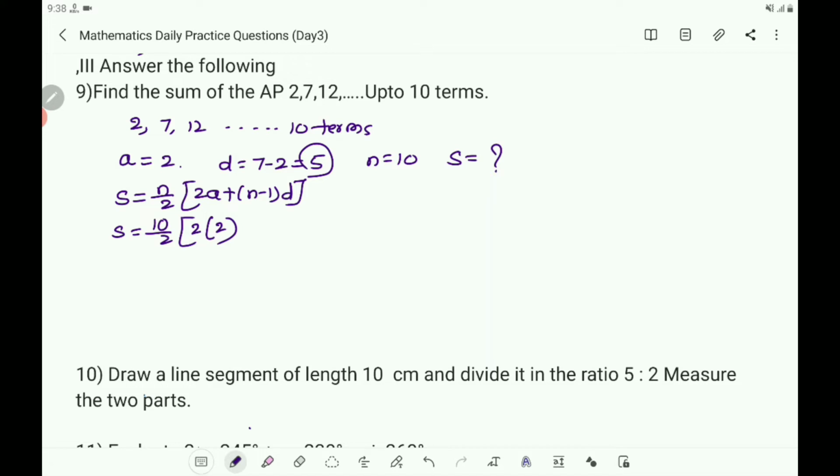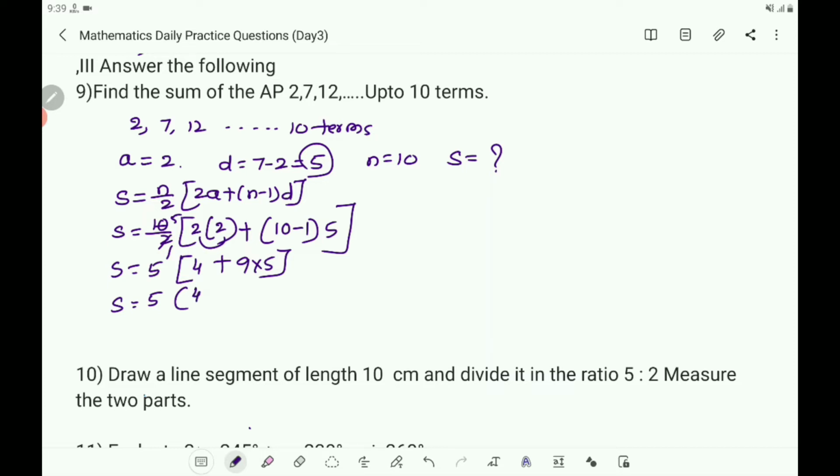So 2a means 2 into 2 plus (10 minus 1) into d, then d is 5. Then S equals, you can cancel: 2 ones are 2, 5 you write here, into (2 into 2, that is 4, plus 9 into 5).